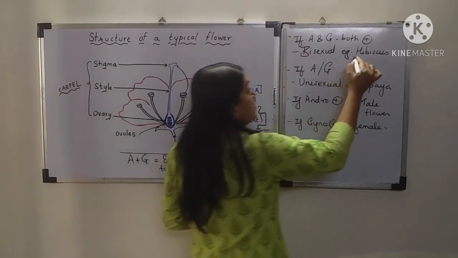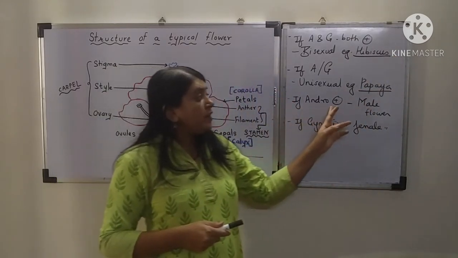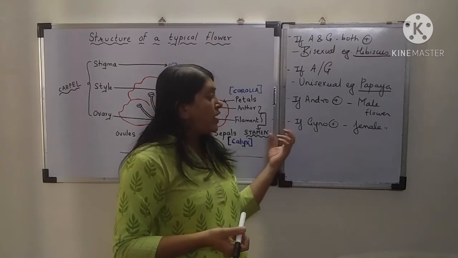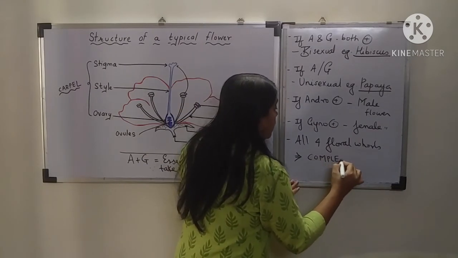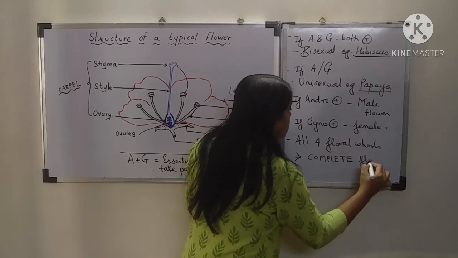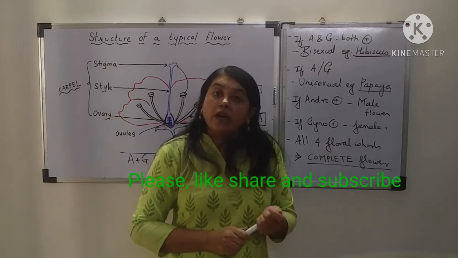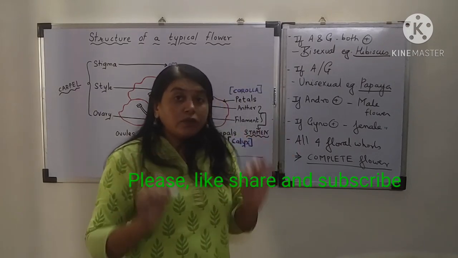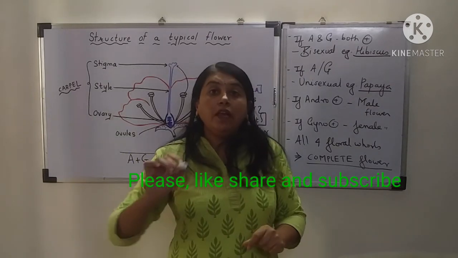Give the examples and underline the examples properly. If the flower has only androecium, it is male. If the flower has only gynoecium, it is female. If it has both, it is called a complete flower. So this will complete your answer for the question: Describe the structure of a typical flower.